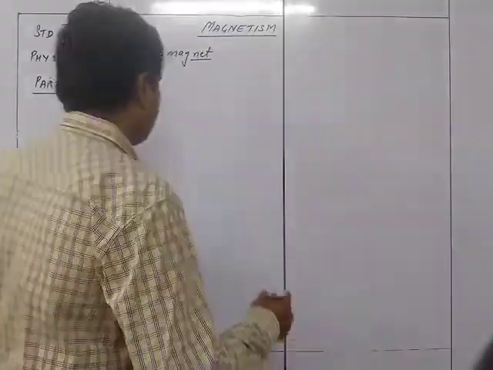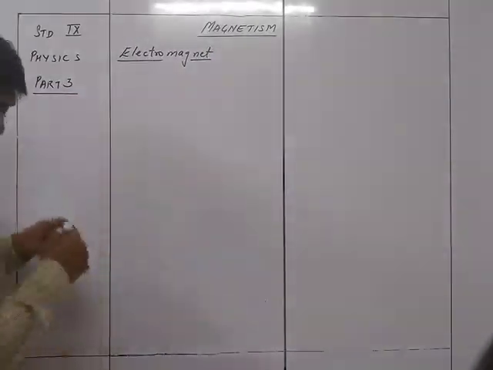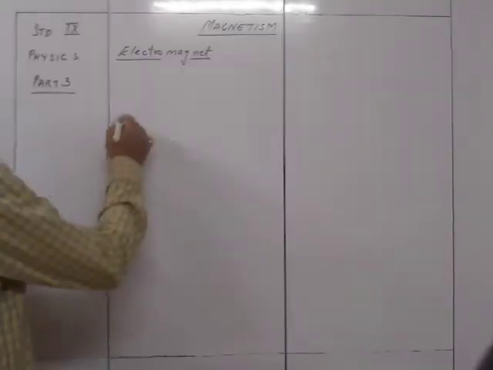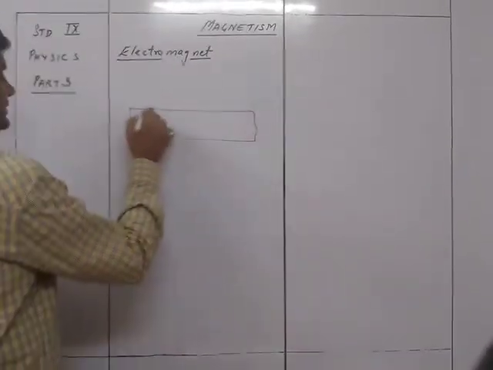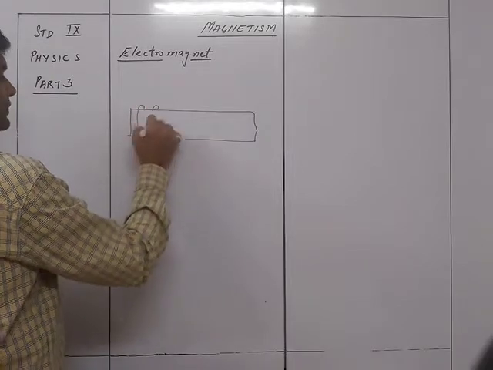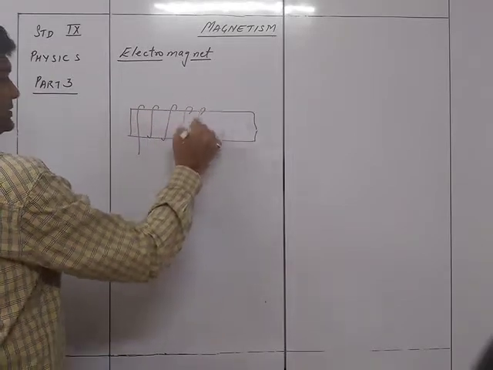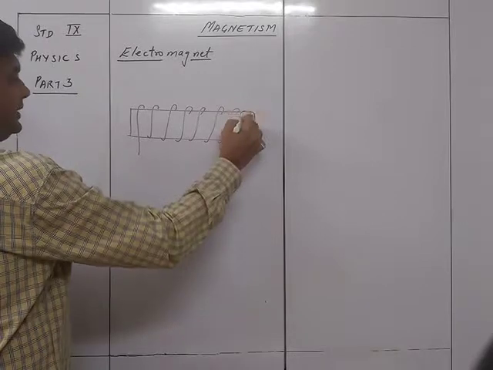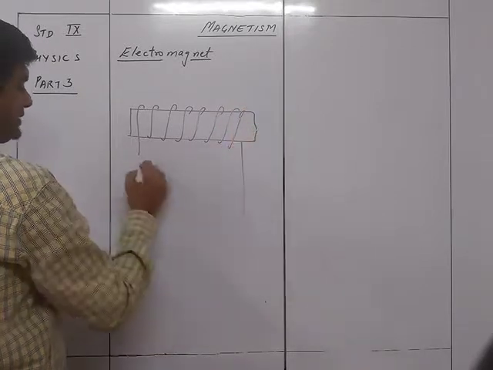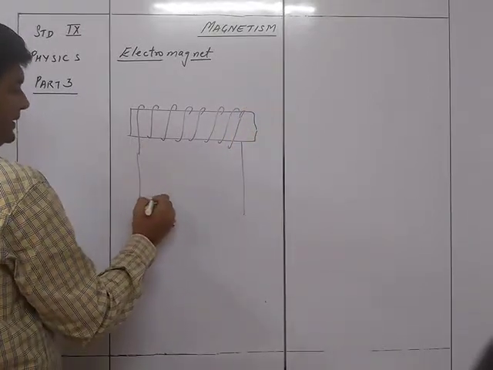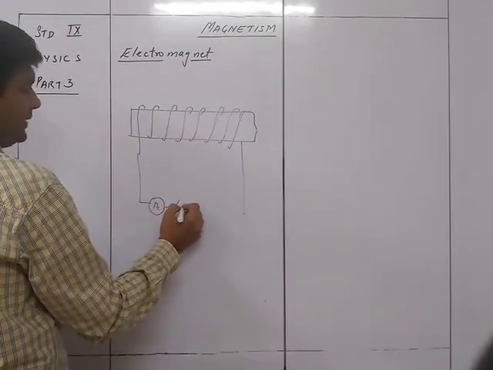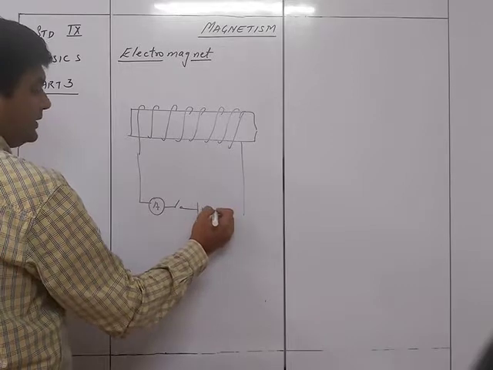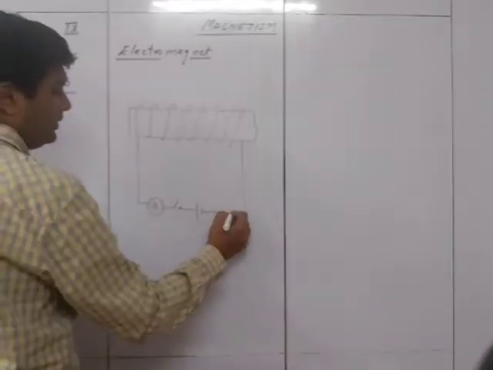So this is what they show: this is the soft iron, and around the soft iron is a winding of the wire like this. This wire is connected to a battery using an ammeter and then a switch, and then a battery, and connected to it is a rheostat.